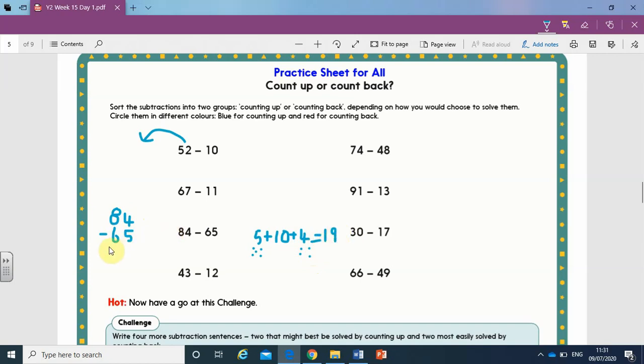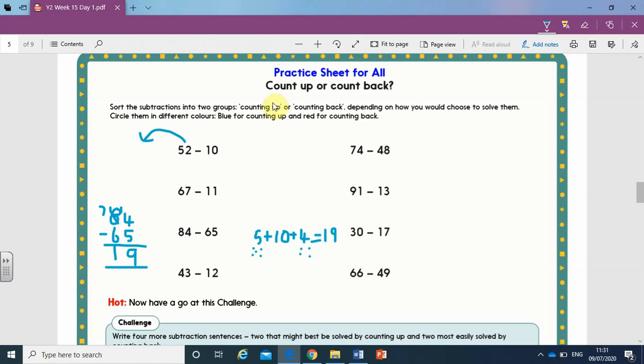On these, I'm going to say try and stay away from column subtraction because it's not always the easiest. 7, makes that into 7, 14, count from 5 up to 14, 5, 6, 7, 8, 9, 10, 11, 12, 13, 14, it is 9, 7 take 6 is 1. And there I've almost proved it. I've done it that way by counting up, I've done it that way and got the same answer, so I'm pretty secure in that understanding.